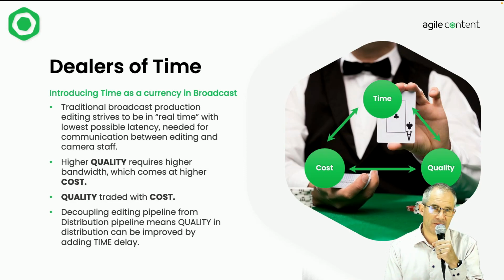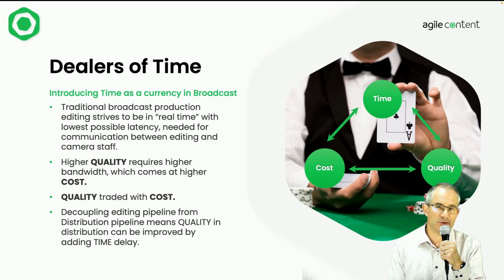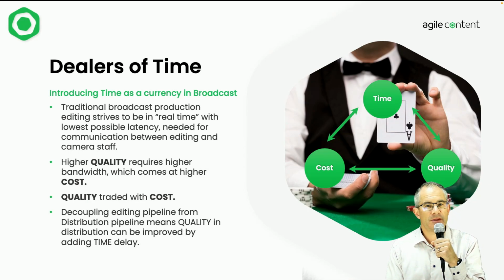This is something that we have done in distribution for many, many years by using buffering and so on, but it's a concept that has not really been used on the production side. With our solution, this is possible, and you can trade time with quality.